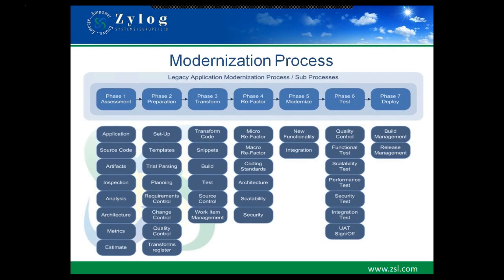Phase 6 is testing. We do a variety of testing, depending upon the work which has been identified in phase 1 with the client. So this is where we do functional tests, like-to-like testing to make sure that the legacy application and the new application work exactly the same, the numbers match.